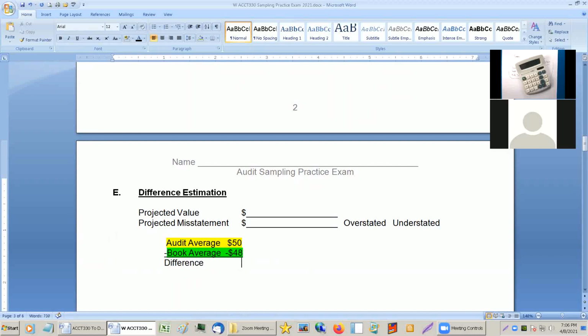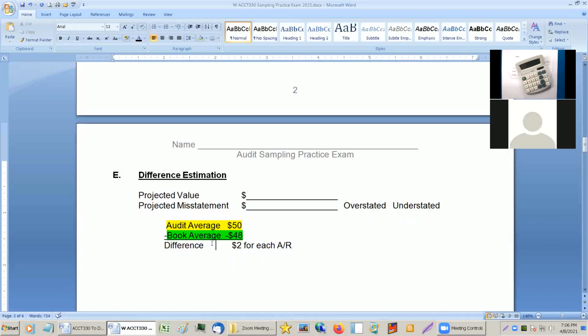So you get a difference of, in this case, was it $2? So the difference is $2 per accounts receivable. Okay, now let's think about this for a second.